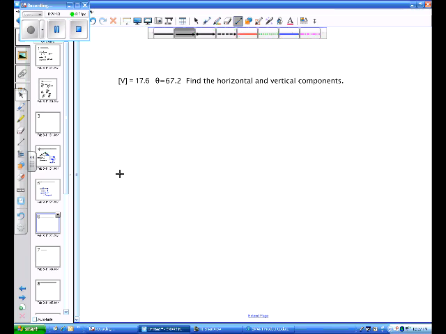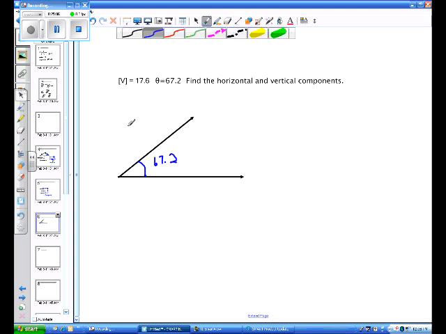So if we have our horizontal, then our vector is going to have an angle of 67.2 degrees and a magnitude of 17.6.